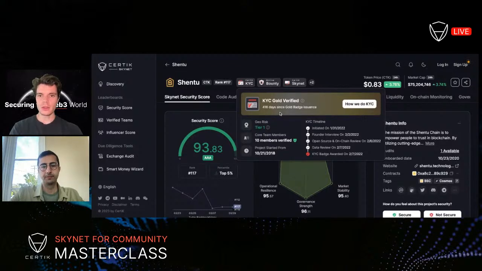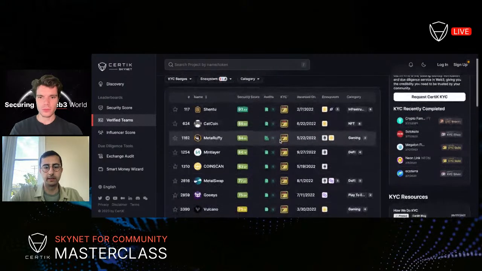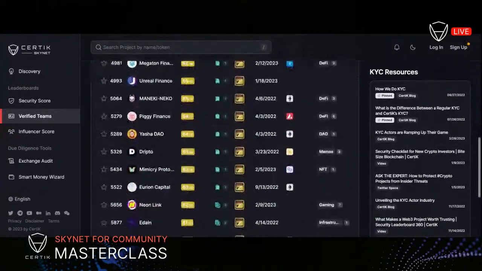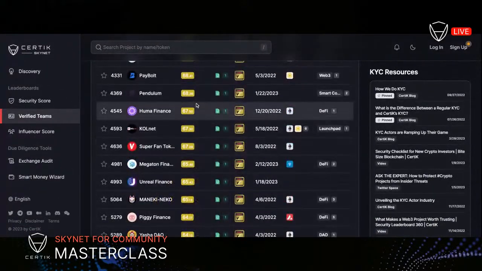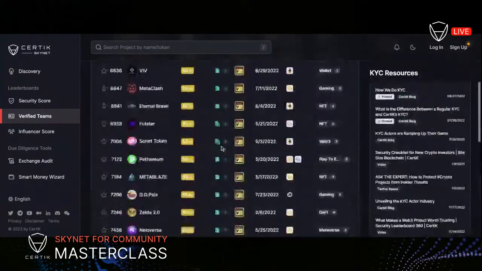So it looks like on the verified teams leaderboard, we've got all the gold projects up the top. I imagine if we scroll down, we'll see silver and then bronze. Yeah, correct. So, I think it's sorted based off their tier of KYC badge, and then tangentially their security score as well. So obviously KYC is one of the factors within the security score.